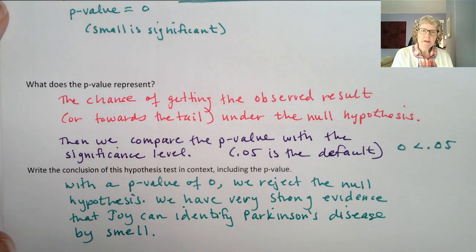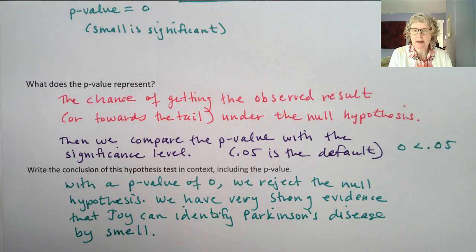With a p-value of 0, we reject the null hypothesis. We have very strong evidence that Joy can identify Parkinson's disease by smell.